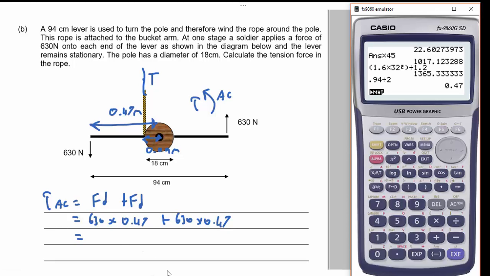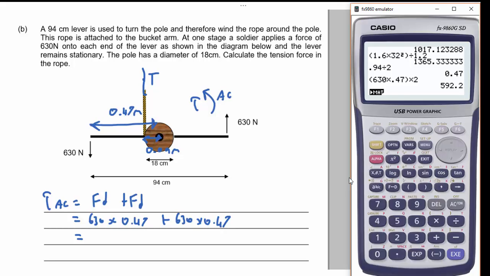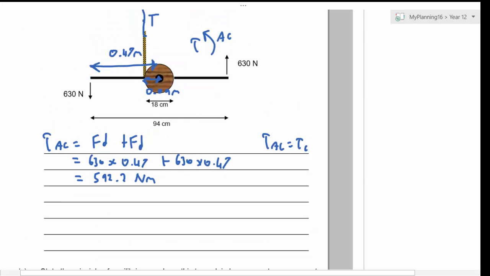Now if we tuck that into our calculator, 630 times 0.47, and I'm going to go times 2 because I'm lazy, and I get 592.2 Newton meters of anti-clockwise torque, which therefore must equal torque clockwise if it's in equilibrium, which is what we're going to get to in the next question.